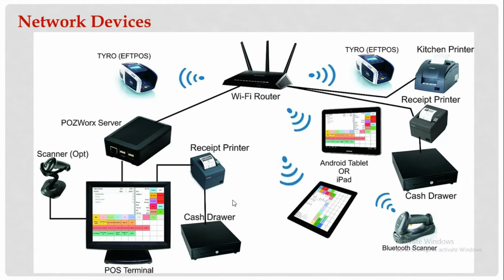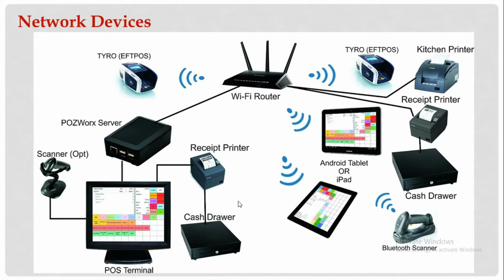So, in order to establish a computer network, generally you need an end device. End device means a computer, or a printer. A printer job should be done and the printer should be connected to a network.